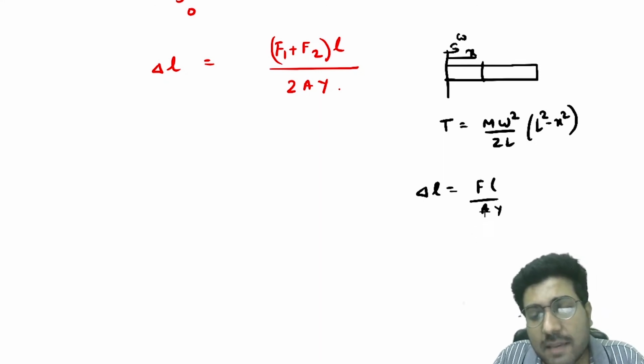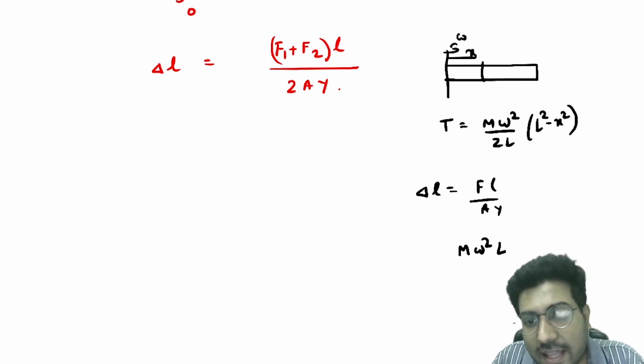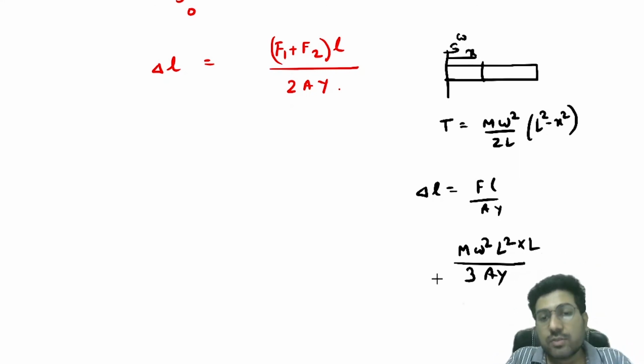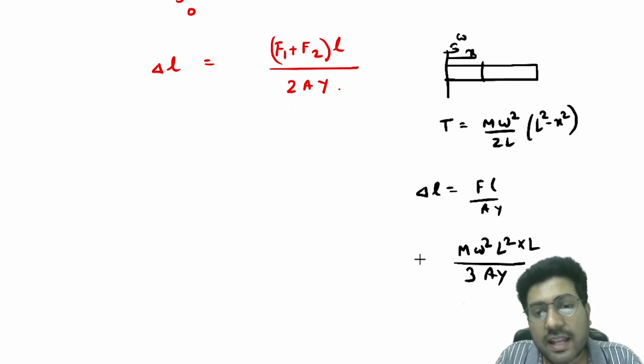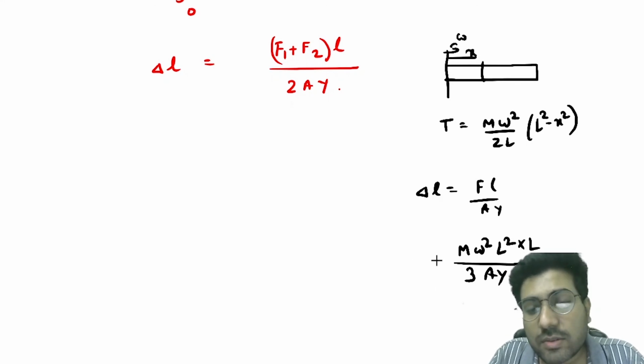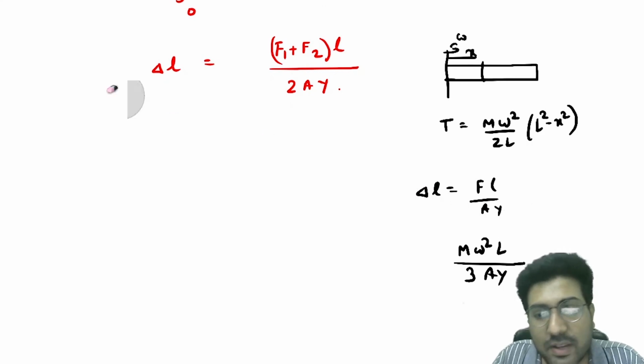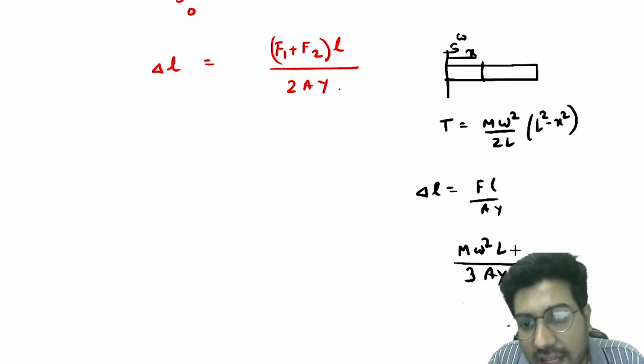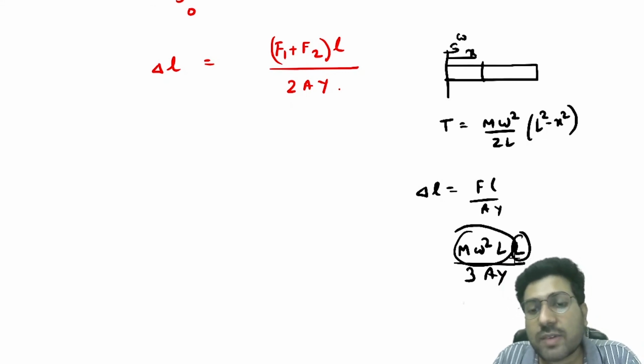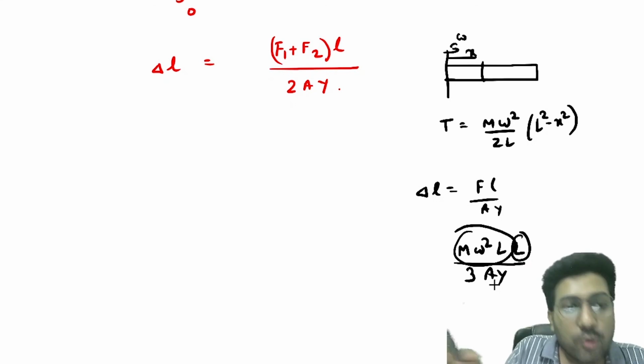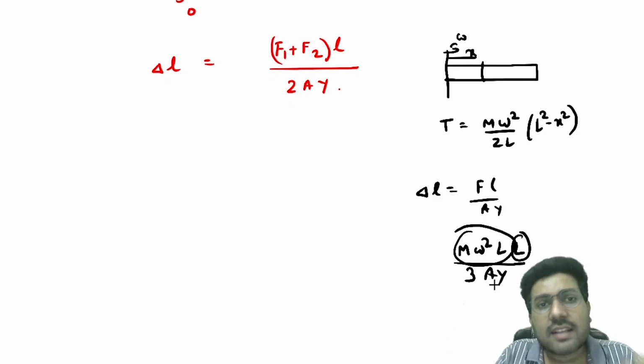Here F is the tension, so I'll write m omega square L square divided by AY, but you will add a 3 here. If you remember, force is m omega square L multiplied by L. So it came out m omega square L square divided by 3AY. You can go back to this video and check where we have solved this problem. You have got the same answer.